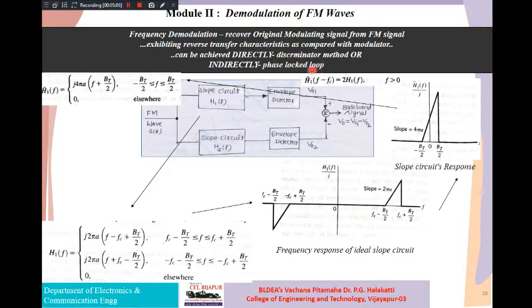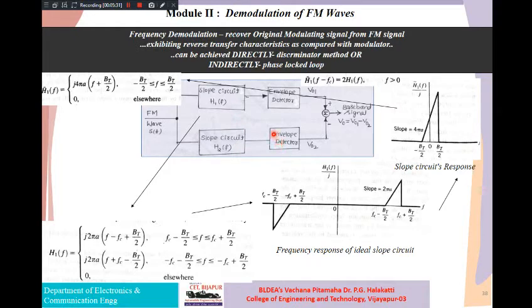discriminator, or balanced discriminator, that is a frequency demodulator, where the input frequency modulated wave S of t is applied to both slope circuits having transfer functions h1 of f and h2 of f.